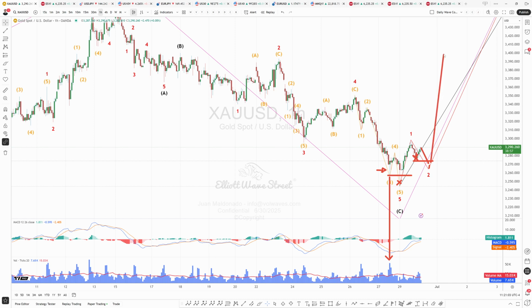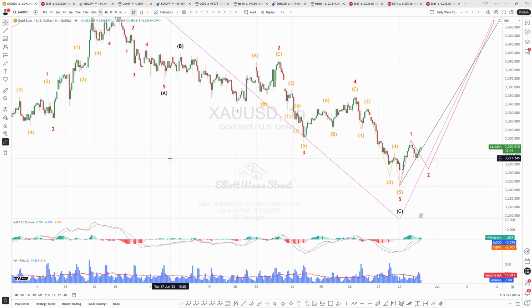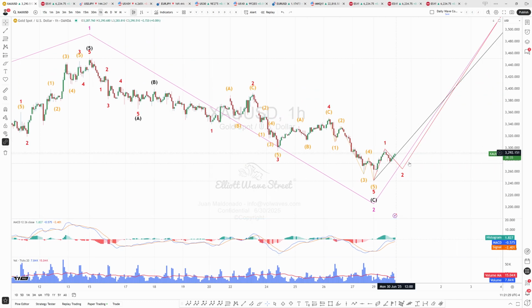And we are looking for a significant bullish move. Let's say the 350, or the 390, or probably the 500 area, or at least the previous high. But we are bullish on gold, and we're following the move up. This is the completion of this second wave over here, and at least come back to the previous high.